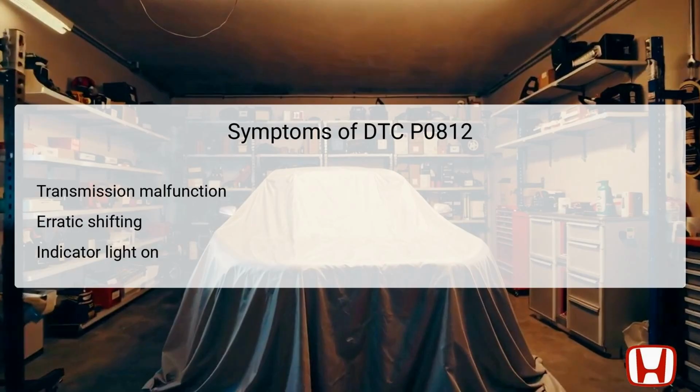Drivers may also experience erratic or unresponsive shifting as the control module receives incorrect signals from the transmission range switch. Another noticeable symptom is the illumination of the check engine light, indicating that the ECU has detected an issue that requires attention. These symptoms can significantly affect driving confidence and the overall driving experience.